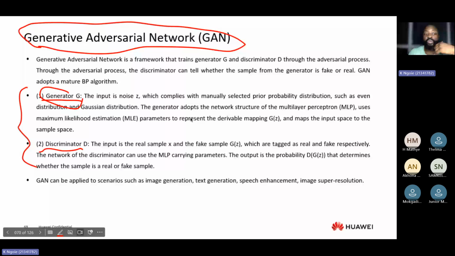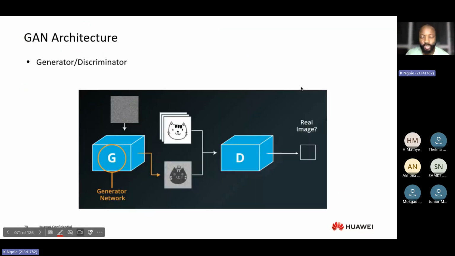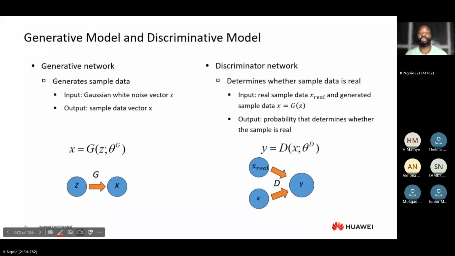GAN can be applied in scenarios such as image generation, text generation, speech enhancement, and image super resolution. When you see all this image generation, creating fake images, you must understand it's the GAN neural network there. Basically, the generator generates fake images, and then we take an input picture which is real and feed it into the discriminator, which says whether it's a real or a fake image.